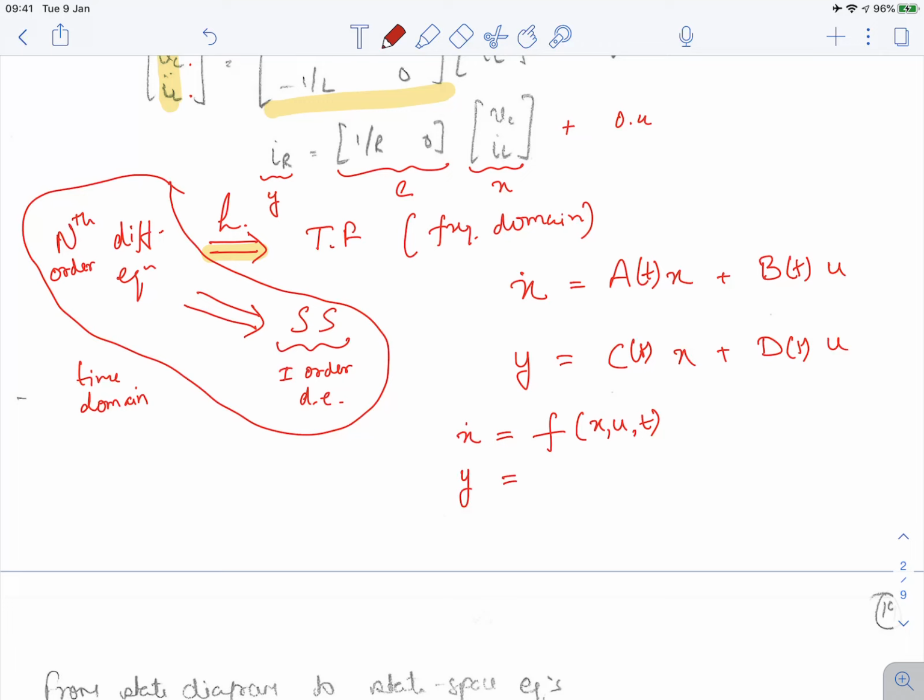Similarly, y would be a function g, which is again a function of x, u, and t. This is the generic representation of any system.